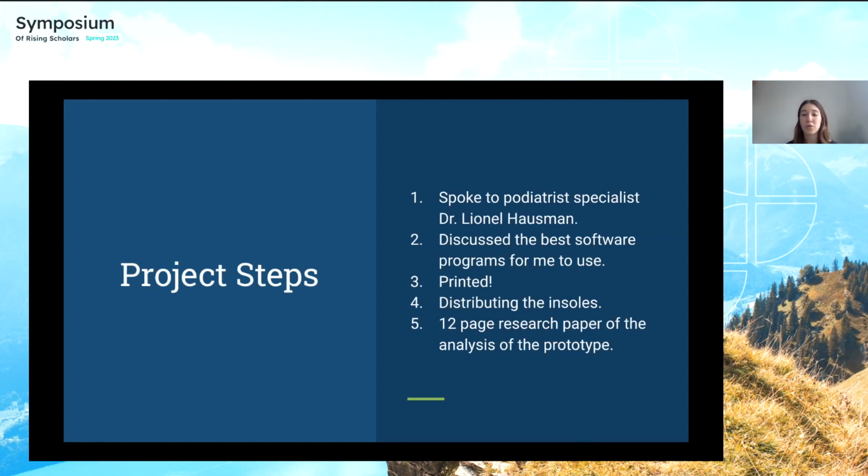Once we chose the program, we printed, and now I'm working towards distributing the insoles to a foundation called the Cerebral Palsy Foundation, located in New York City. After completing the physical portion, I wrote a 12-page research paper on the analysis of the prototype, and I created my own website.